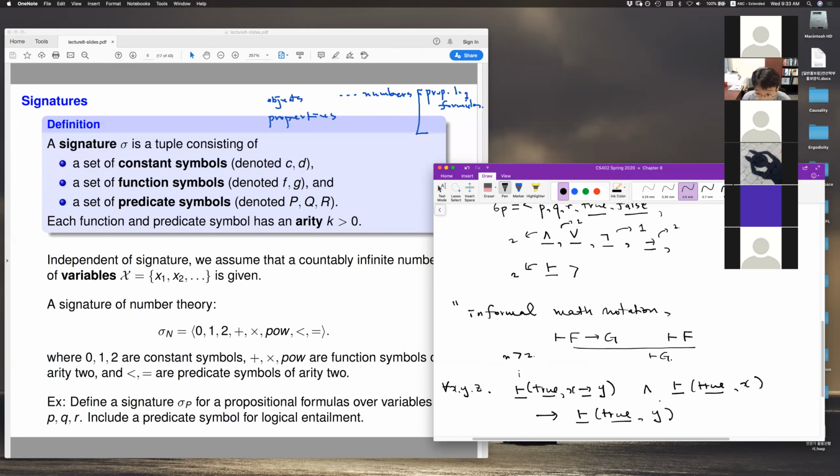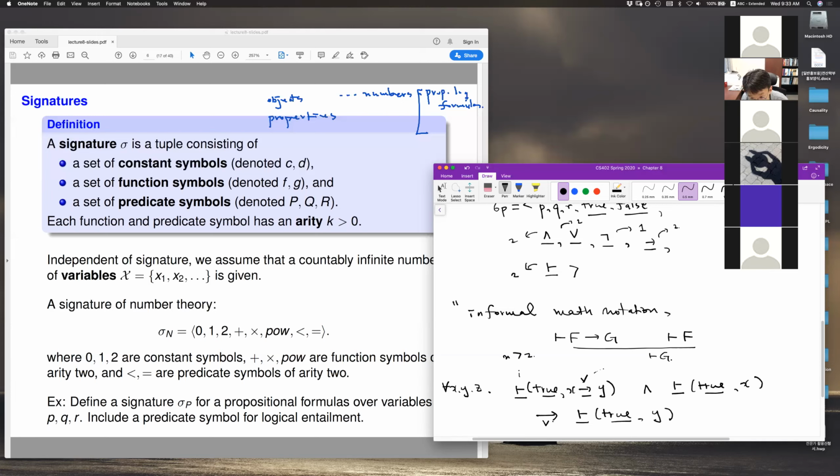This may be very confusing to some of you because we have two kinds of implication arrows. We have this type of implication here, which is not an implication in first order logic. It is an implication operator that we use to construct complicated formulas in propositional logic.